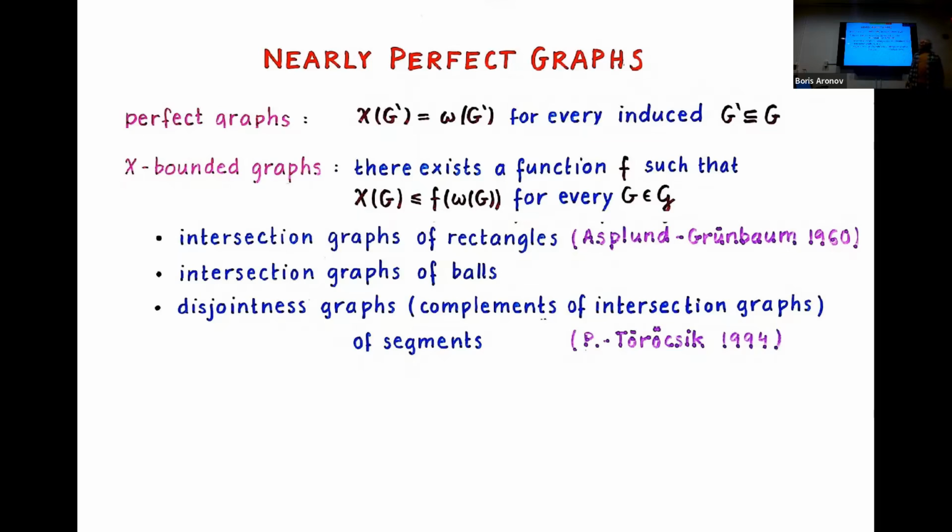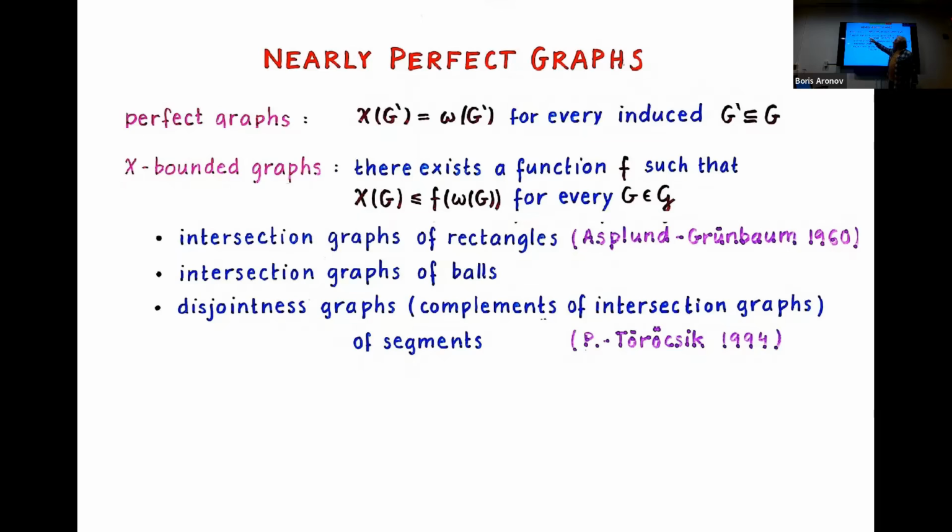But for nearly perfect, they introduced the notion of a chi-bounded graph. A class of graphs is chi-bounded if these two numbers are not necessarily equal, but at least there is a relationship between them.